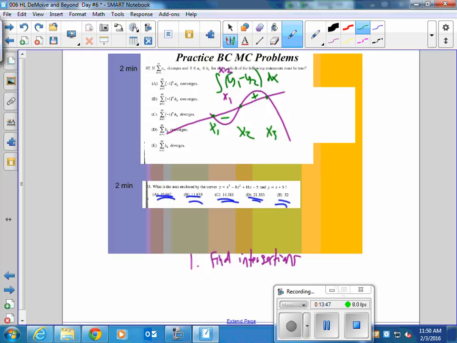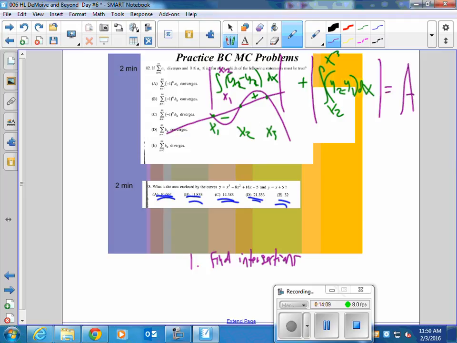Then you're going to do another one, y2 minus y1, dx, from x2 to x3. The order doesn't matter. Then take the absolute value of these and add them up to get the area between. Don't integrate it all from low to high; make sure you split them up and add them.